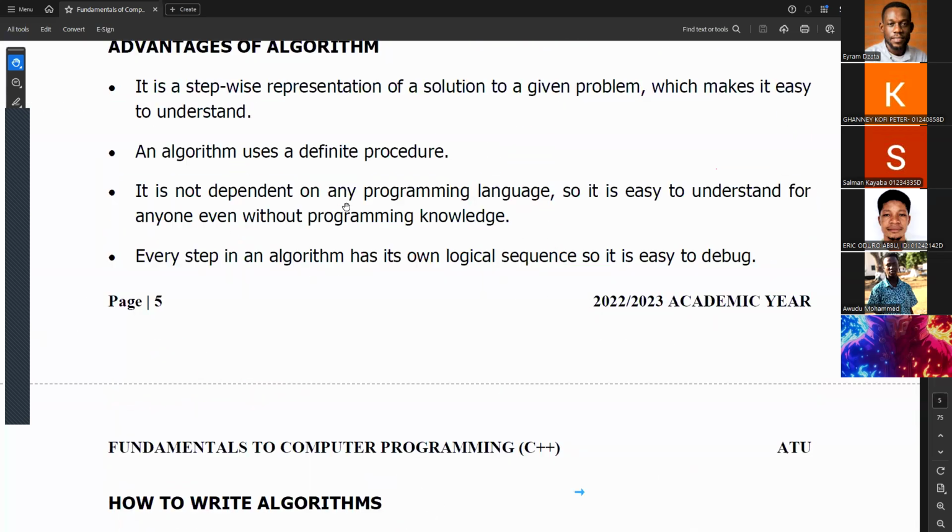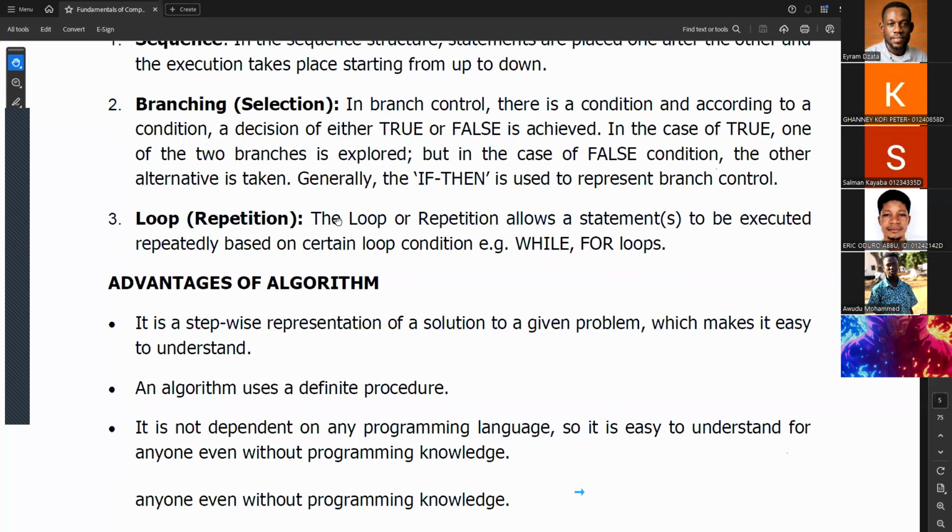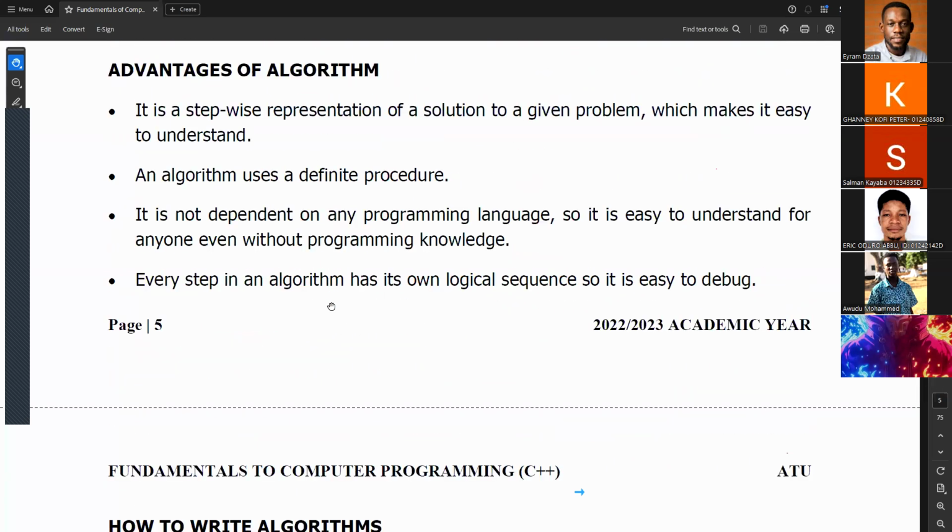our algorithms. All right, so now let's look at the advantages of algorithms. One is that an algorithm is a stepwise representation of a solution to a given problem, which makes it easier to understand.